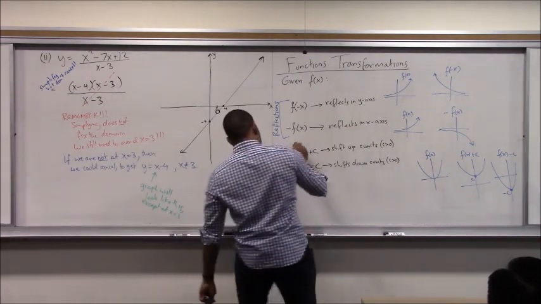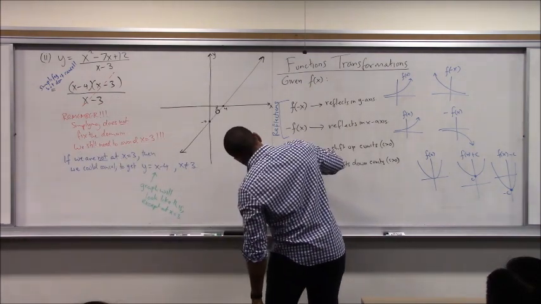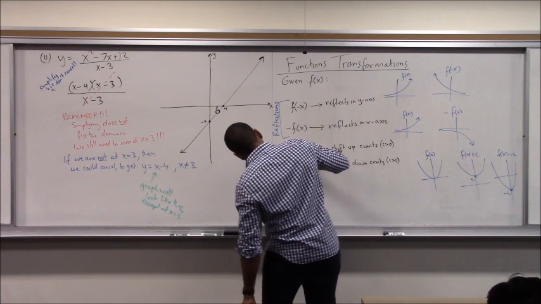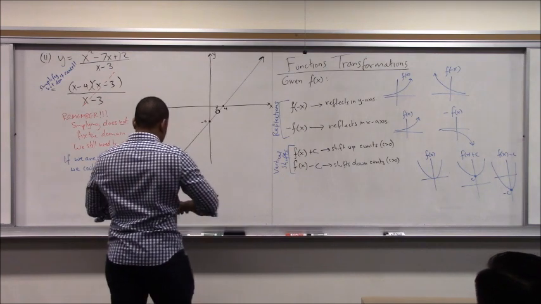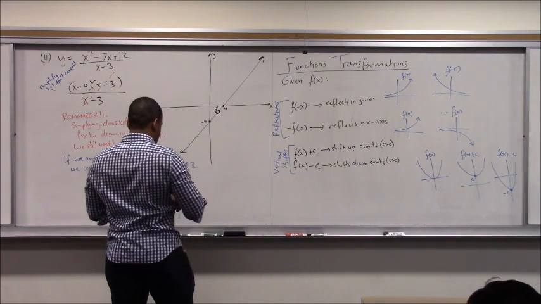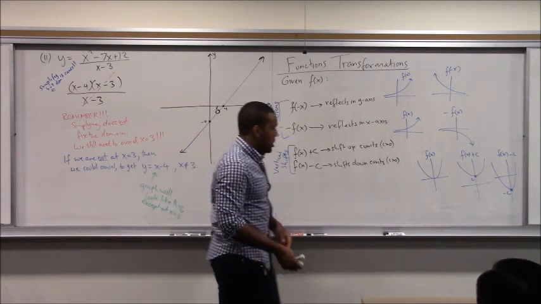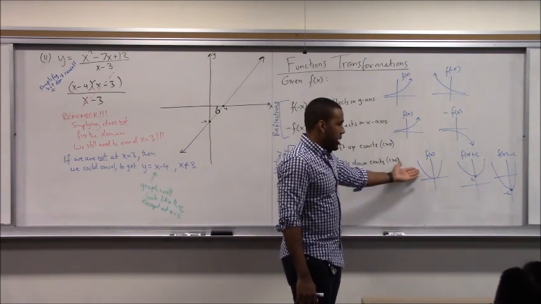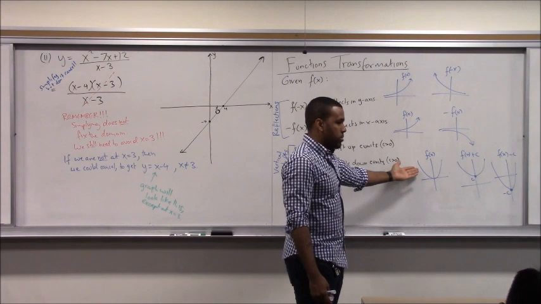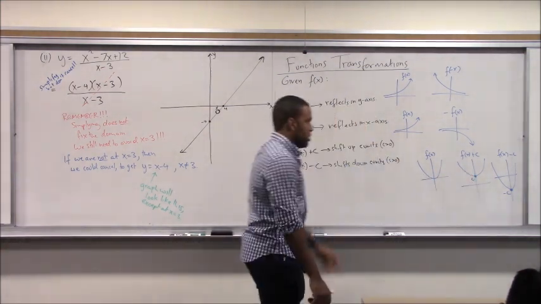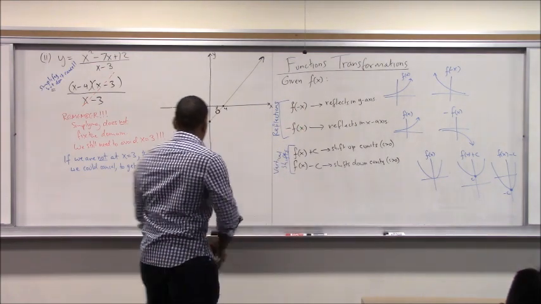So these guys are vertical shifts. In other words, if we know what y equals x squared looks like, and I ask you to graph y equals x squared plus 4, that should take you 0 time to figure out what that graph looks like. Just so, oh, it moves up by 4.